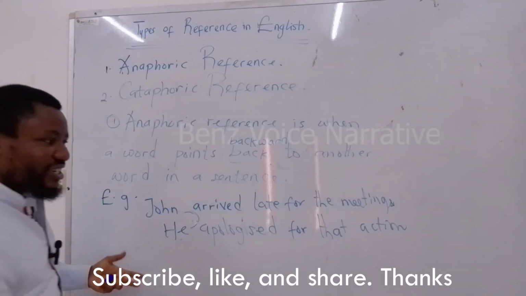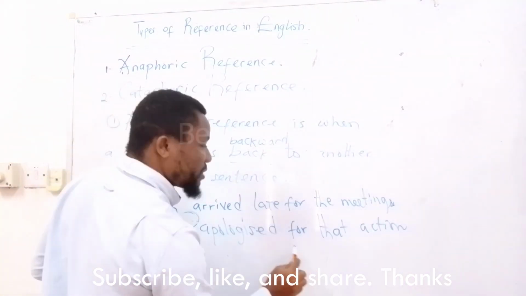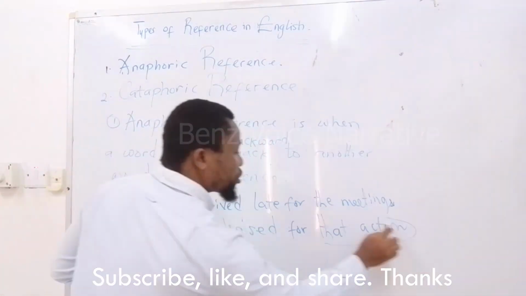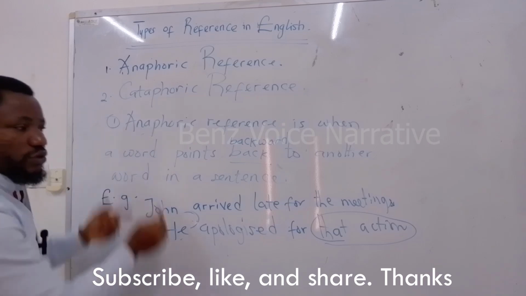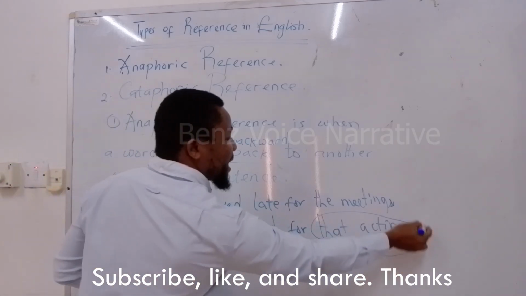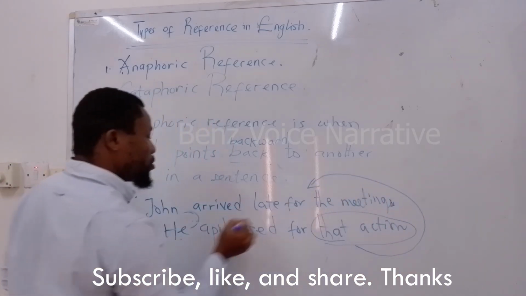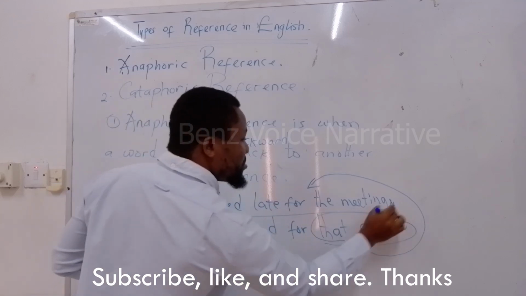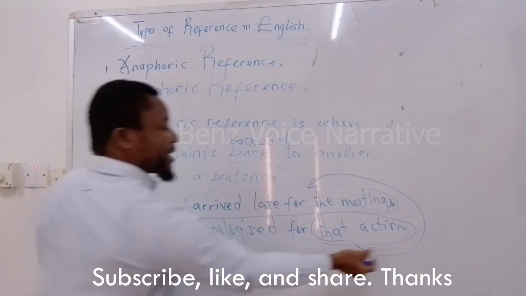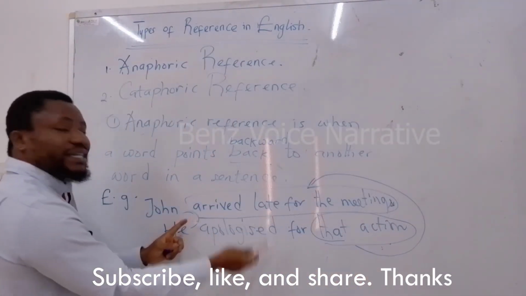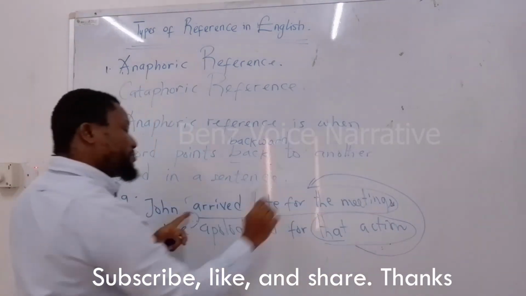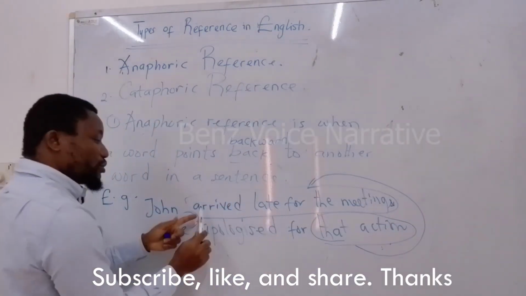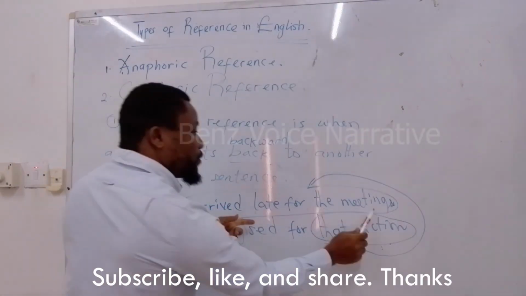Now, what action? That action is an example of anaphoric reference. What does that mean? It refers back to the action of John arriving late for the meeting. That action in this place is an example of anaphoric reference because it means the same thing. It points back to arriving late for the meeting.